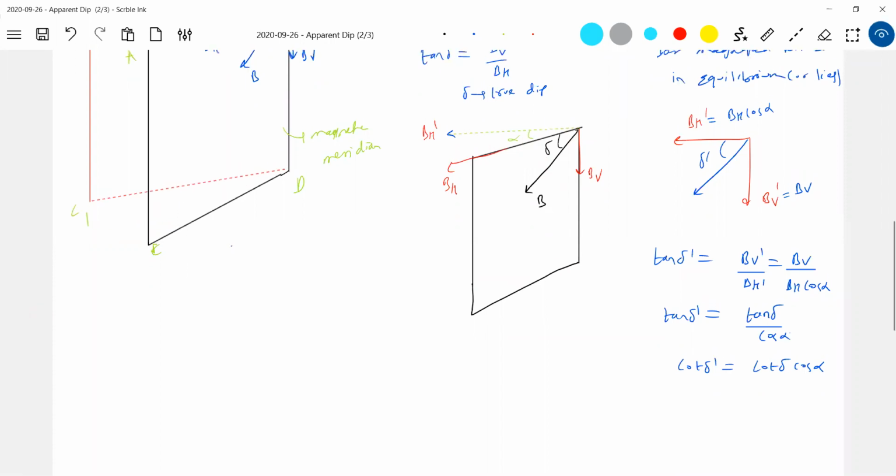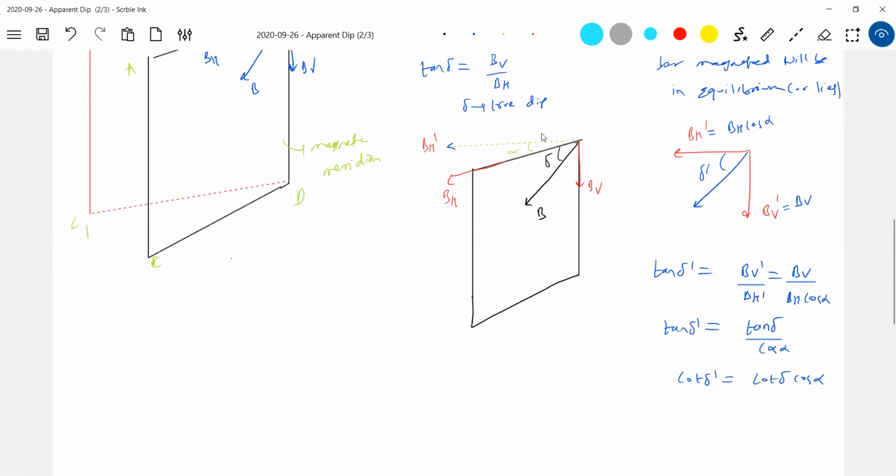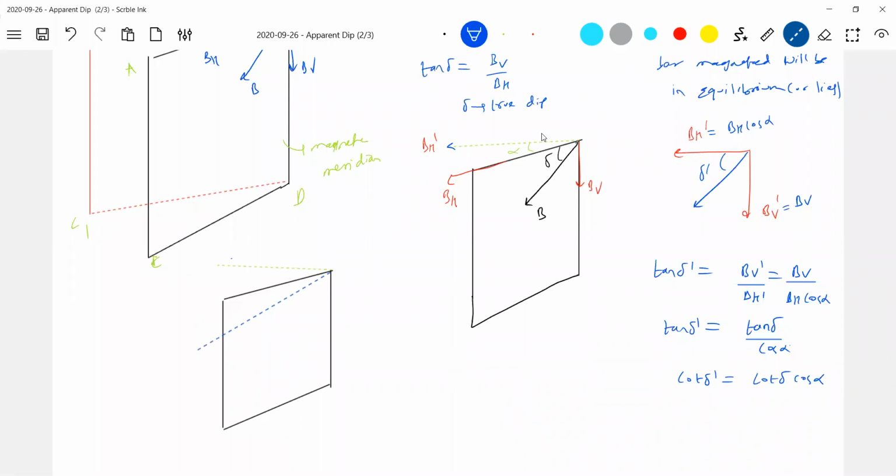This set of diagrams that I draw is very important. Earlier that was a plane. Now next, we'll go for a solid line.